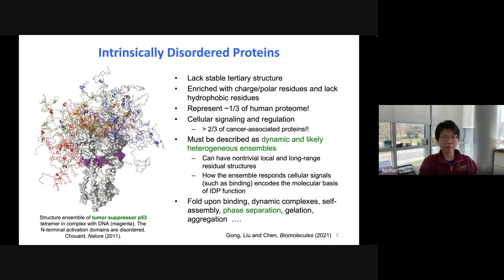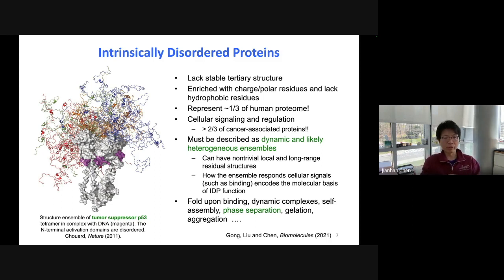This is pretty well understood now. These proteins often are enriched with charged or polar residues. They often do not have a lot of hydrophobic residues that are required to drive the hydrophobic collapse for the protein to fold. And the important thing I want to highlight is that this class of protein represents about 1/3 of our proteome.